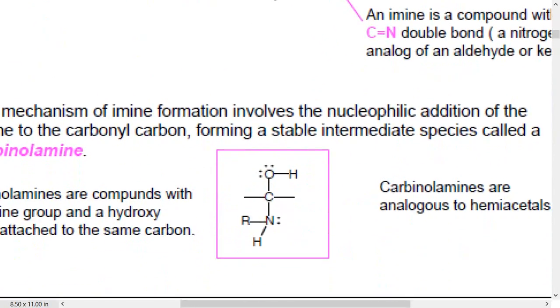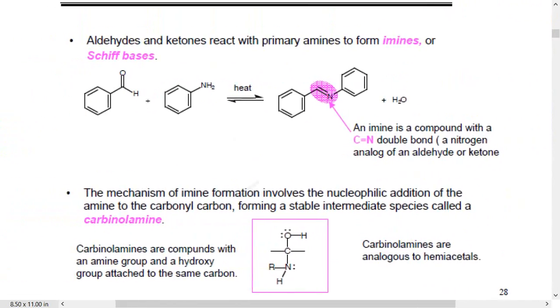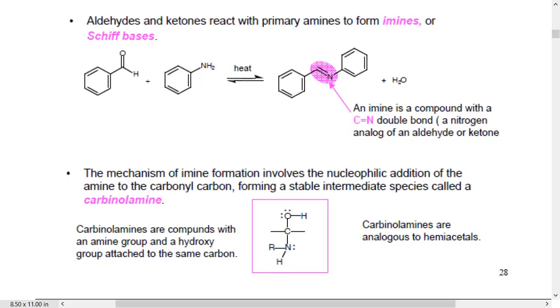Now we move further. Mechanism of imine formation involves, what do you think? Nucleophilic addition. Nucleus loving addition. Who is going to love nucleophile? What do you think? So I'm saying the mechanism of imine formation involves nucleophilic addition of amine.